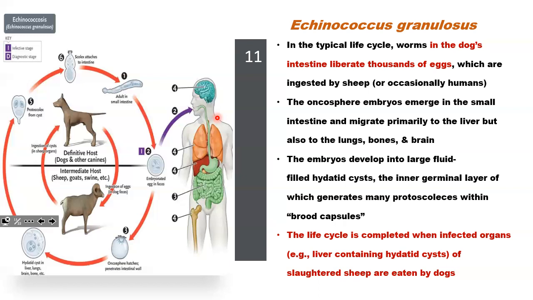Are you following? Just like with the cysticercus, you can have these hydatid cysts. That's the name for the larval form. You can have them in different organs of the body. You can have them in the brain, you can have them in the lungs, the liver, all over, okay?